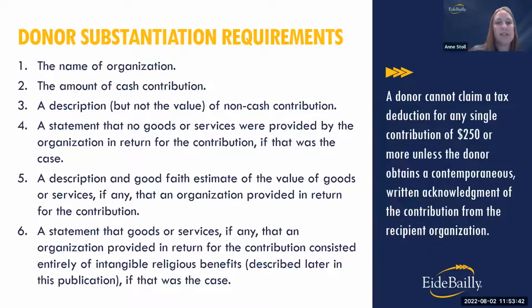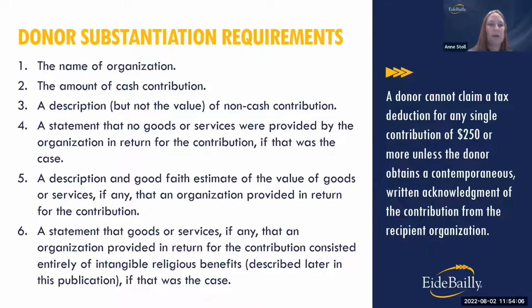Or if that's not the case, you do have to provide a good faith estimate of the value of the goods or services that are provided in return for the contribution. Or the other statement that could be provided is that goods or services provided by the organization consisted entirely of intangible religious benefits. So those first 3 requirements you do have to have.